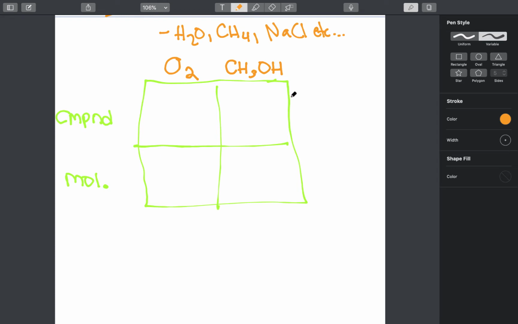So I hope that you did that. Let's answer this question. O2 is not a compound, and that's because you have two of the same species interacting with each other. However, methanol is a compound because you have multiple different atoms interacting with each other.